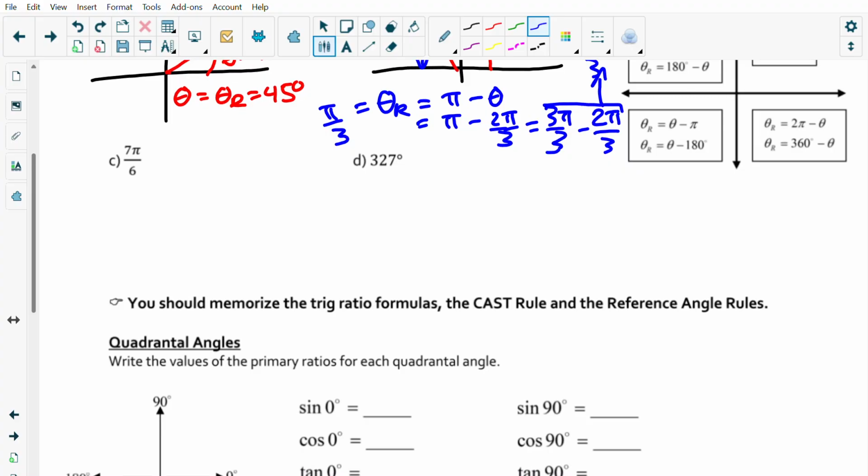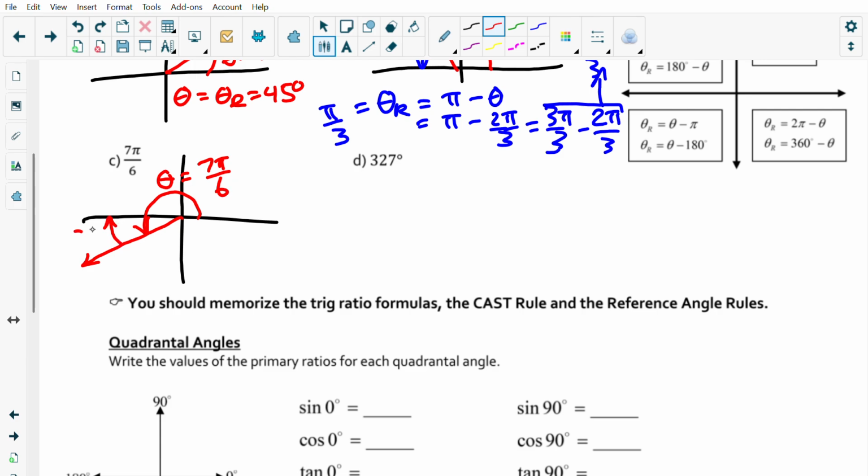Letter C, 7 pi over 6. If I'm counting, that is pi over 6 more than pi, so I'm going to go all the way here, pi over 6. That's theta equals 7 pi over 6. What is this reference angle, theta r?